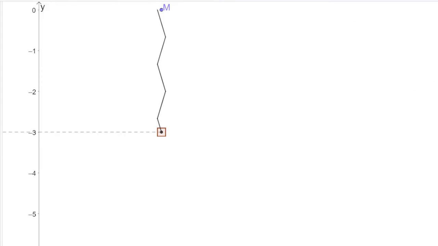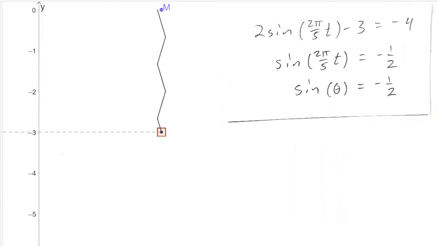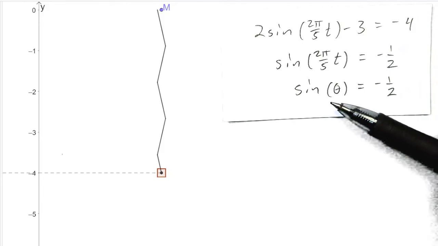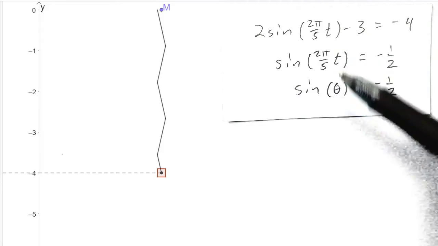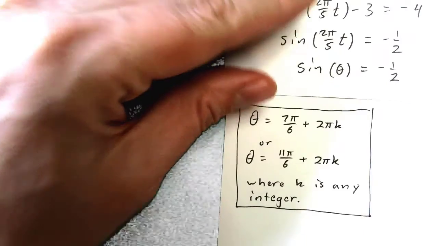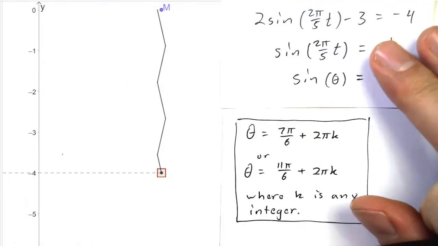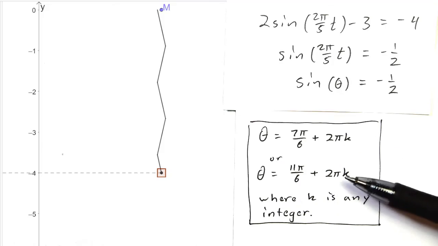And finally, we wanted to look at when the height was equal to -4. So we did a little bit of algebra on this equation here, simplified it to this, just plugged theta in place of that expression, and we found a pair of formulas for the solutions.